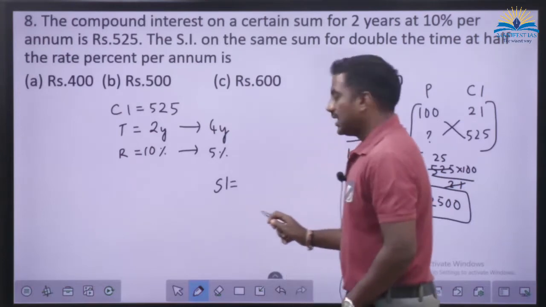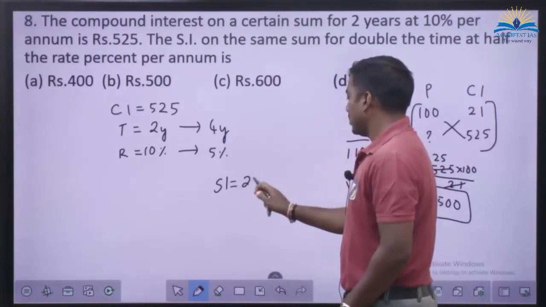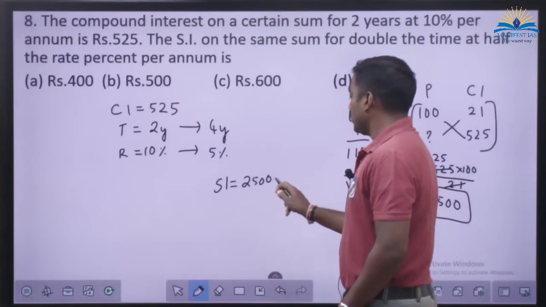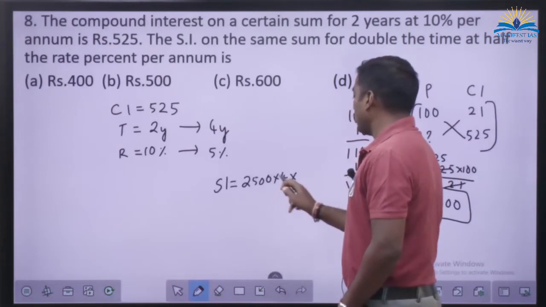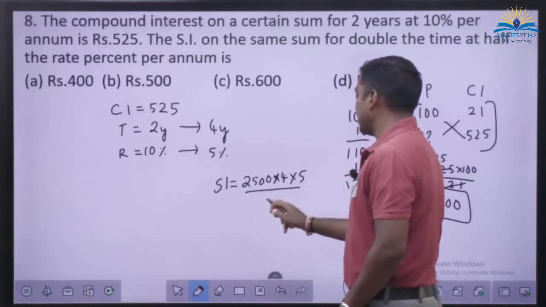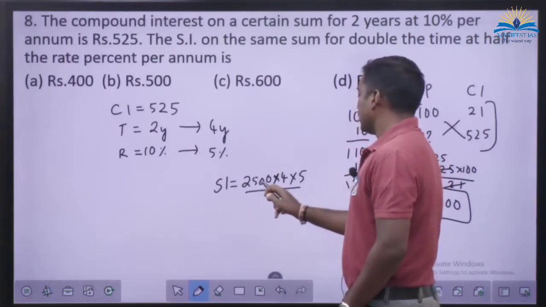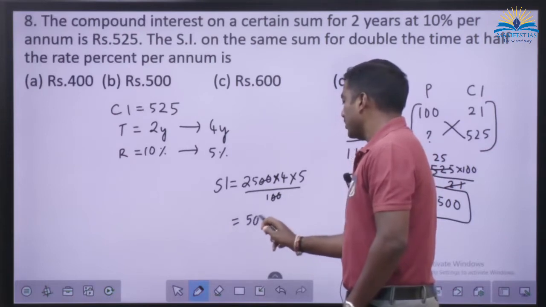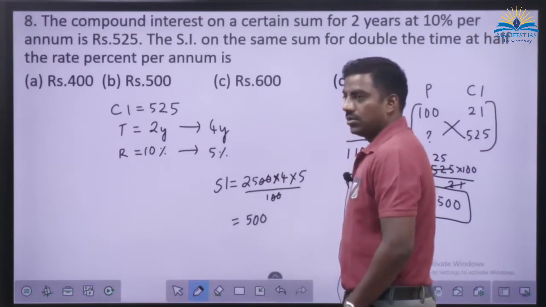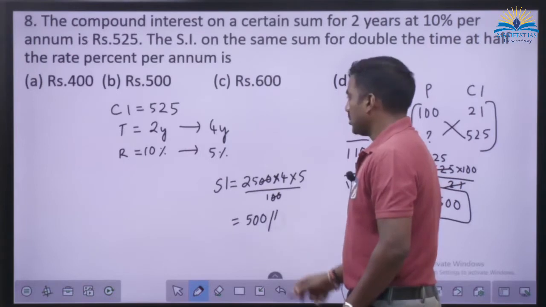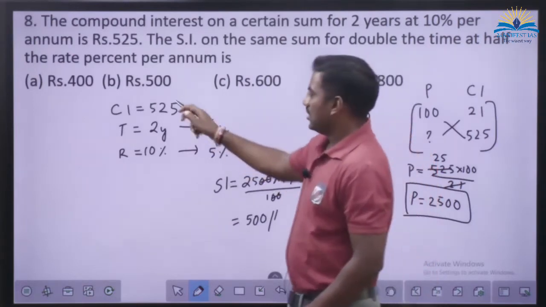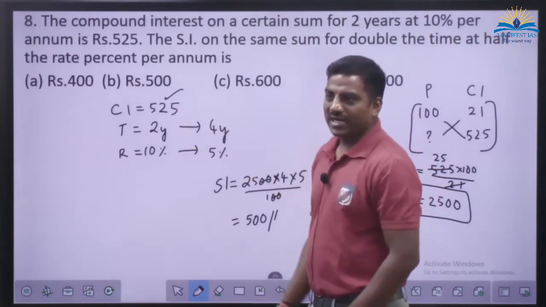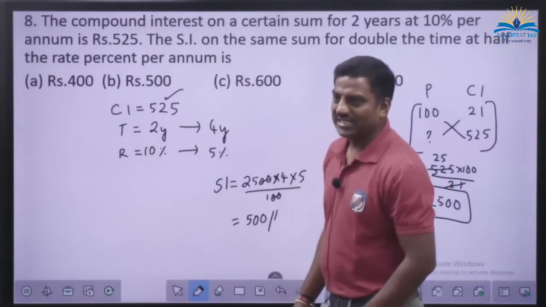Anyways, we have got the principal as 2,500 into 4 years into 5% divided by 100. The zeros cancel. So this is 500. Correct? The whole difference is this, no? In compound interest, we are getting 525. That 25 is extra.